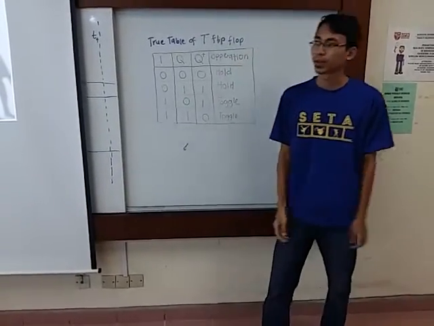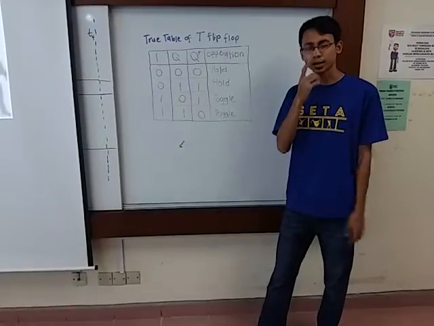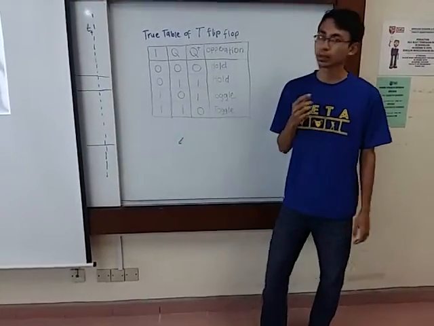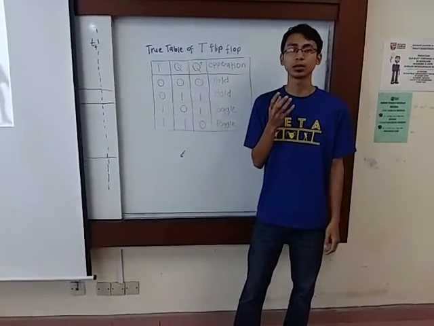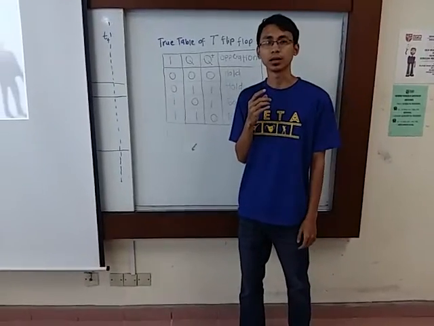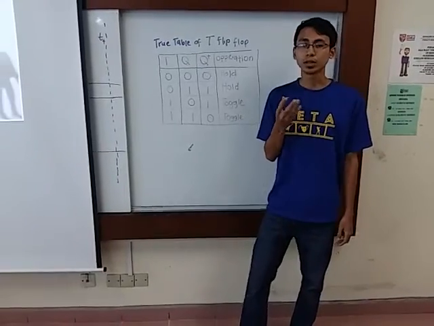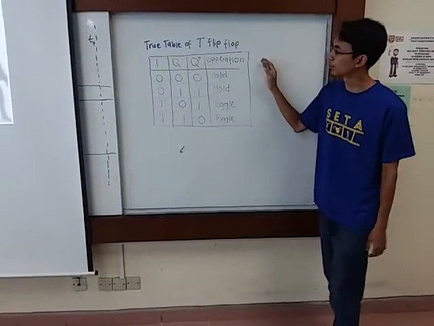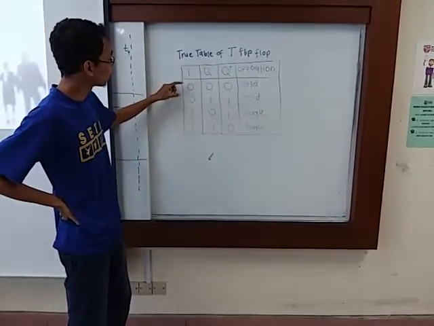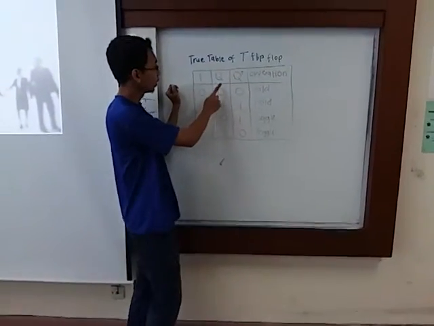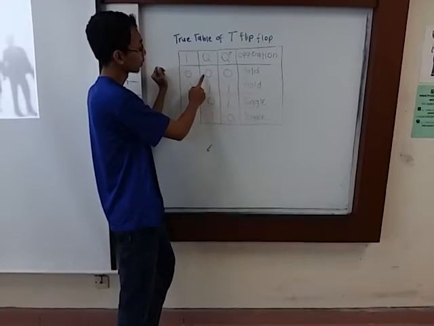As I mentioned, the T flip-flop only needs one input. If we set T equal to 0, the condition stays the same, but if we set T equal to 1, the condition changes. For example, when we set T equal to 0, the next state is equal to the current state.